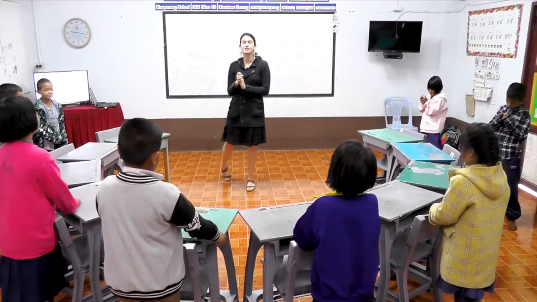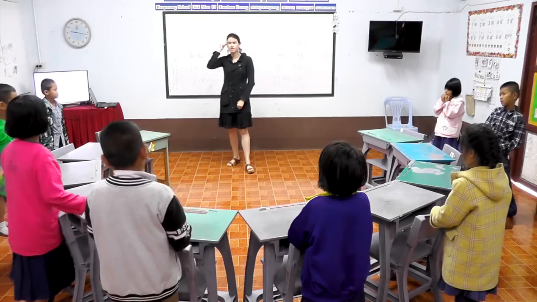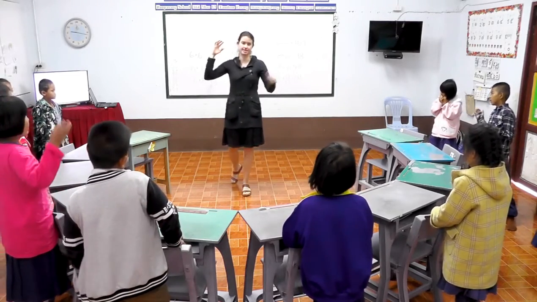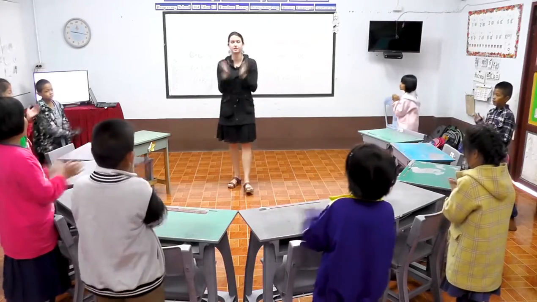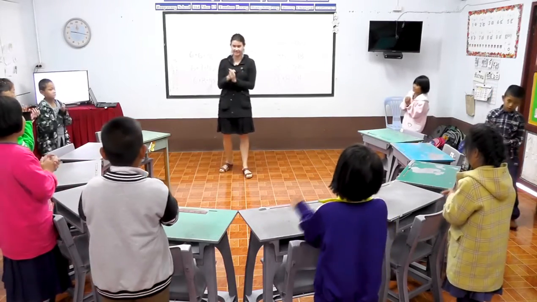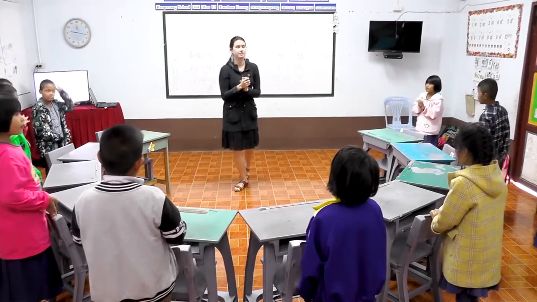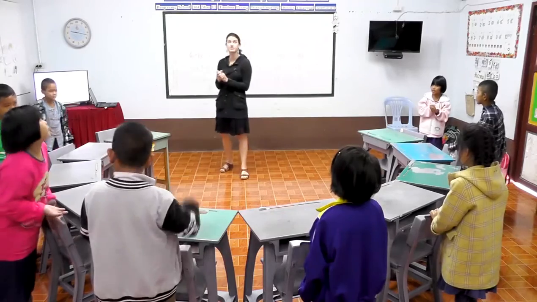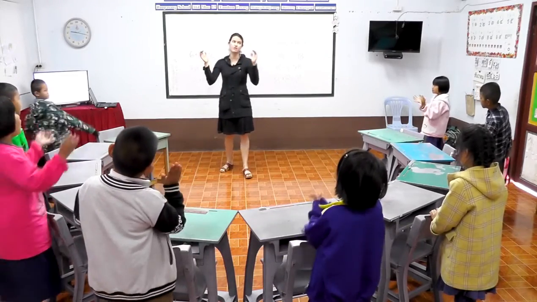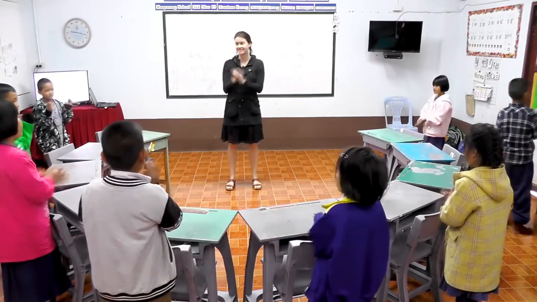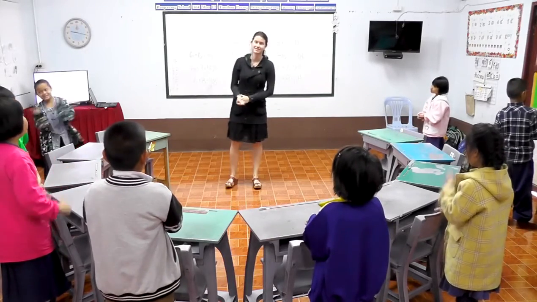Clap for the answer to 2 times 3. So first think about 2 times 3. What's 2 times 3? 6. Let's clap 6 times. 1, 2, 3, 4, 5, 6. Good job. Let's clap for the answer to 2 times 4. What's 2 times 4? 8. 1, 2, 3, 4, 5, 6, 7, 8.